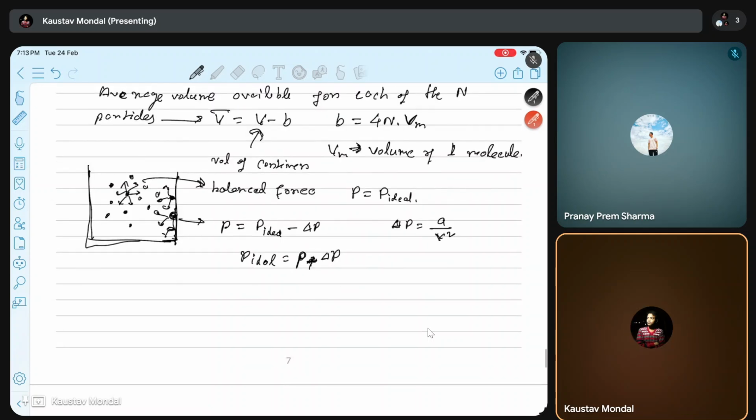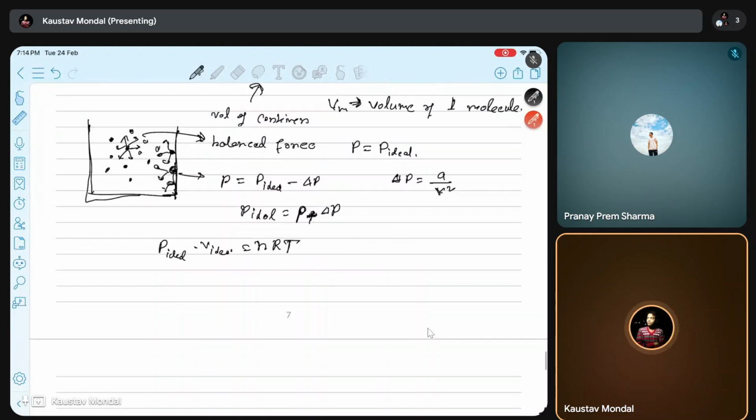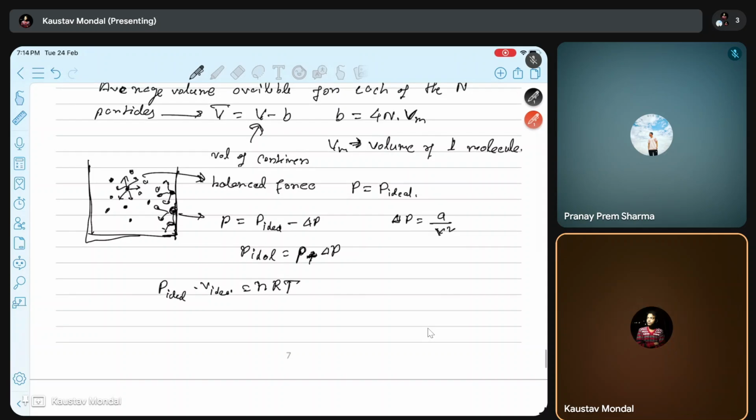Now we know from the ideal gas that P ideal times V ideal equals nRT. From this equation, V ideal is V bar, which equals V minus b.